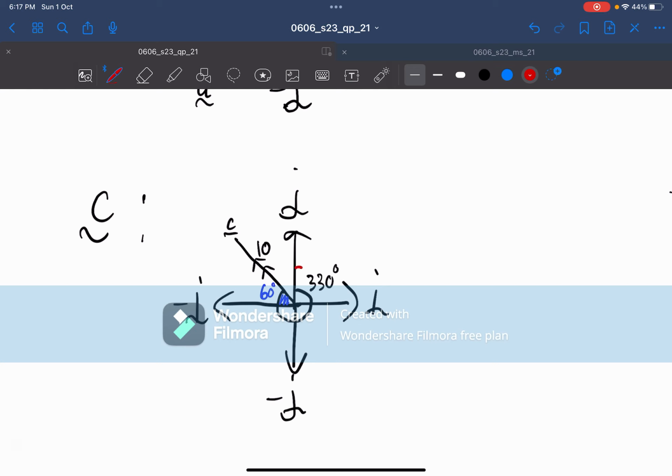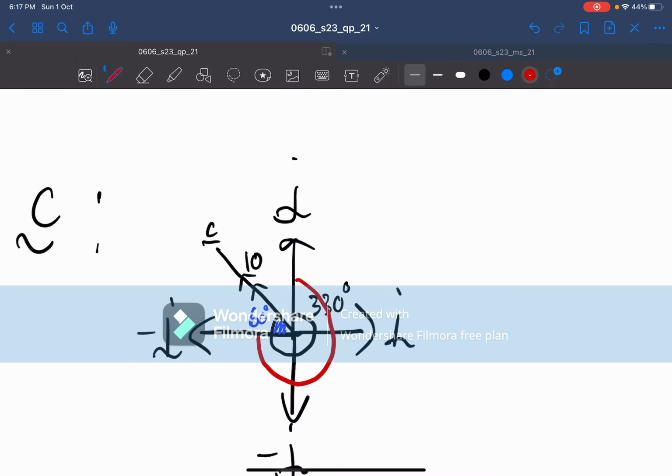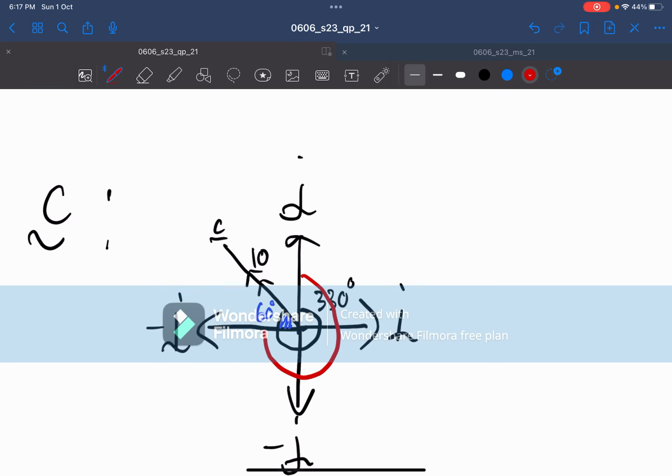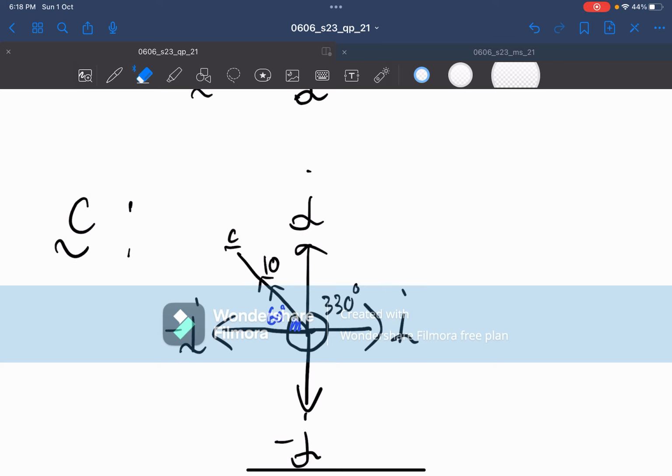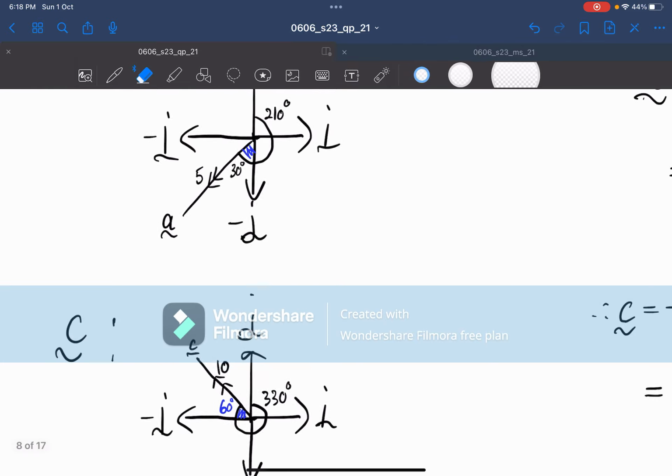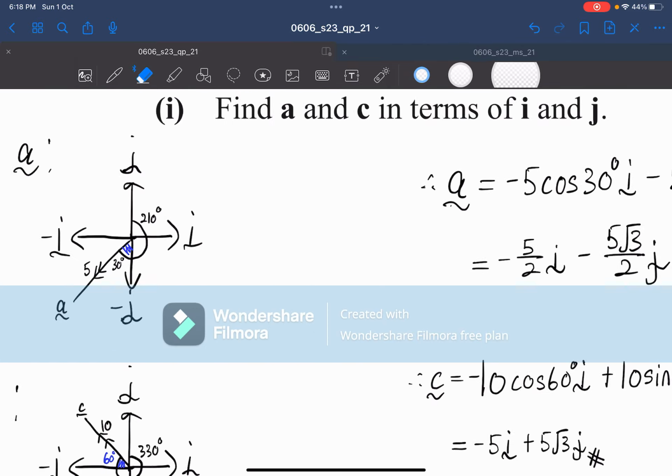Notice that when we go 75% of a full loop, it's going to be 270 degrees, right? And since the total bearing is going to be 330 degrees, and since we know this is going to be 270 degrees, this part is going to be 60 degrees. So yeah, that's what I did. So the purple part is going to be 60 degrees. And from that, you can start resolving your vectors to find what A and C are.